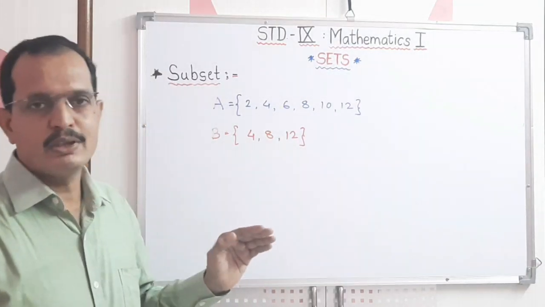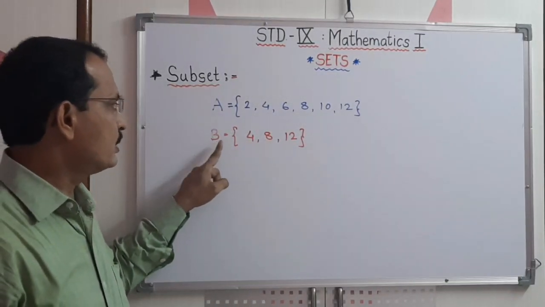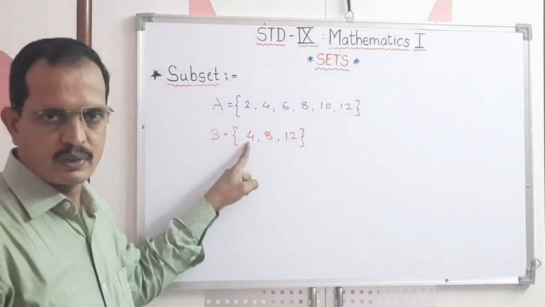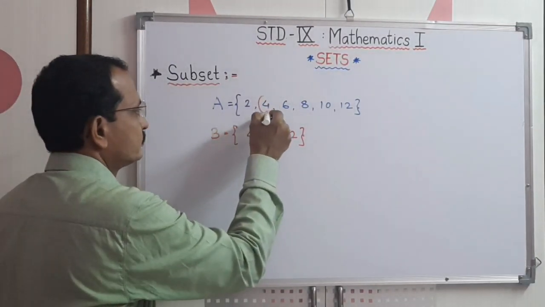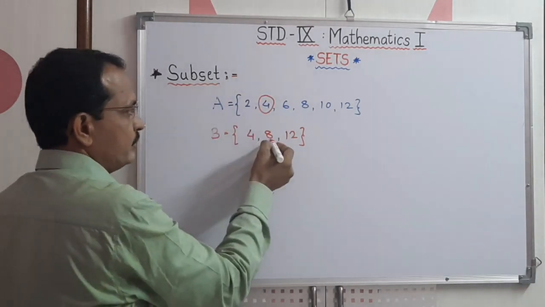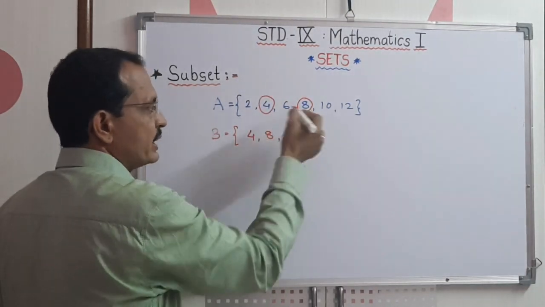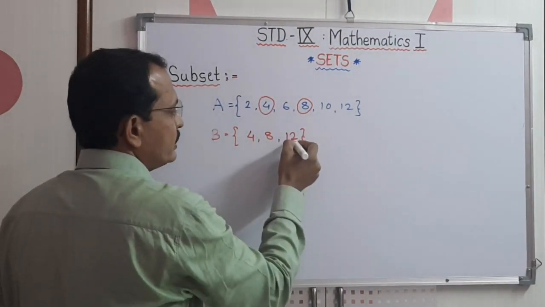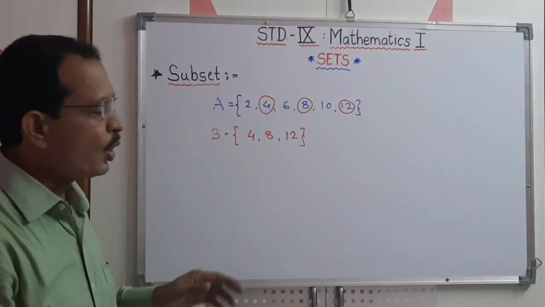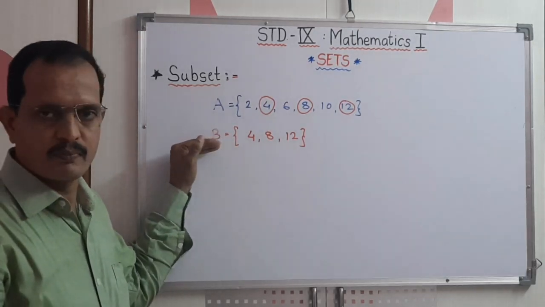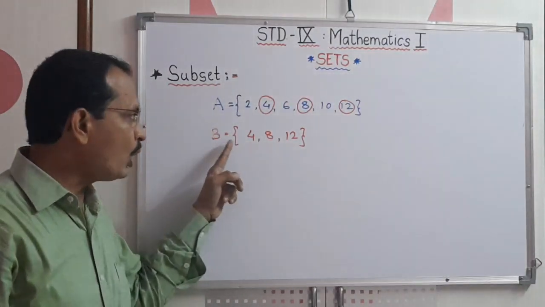Now observe the elements of set B and set A. In set B, the first element is 4. This 4 is present in set A. This 8 is also present in set A. That means 8 belongs to set A. In the same way, this 12 also belongs to set A. That means all the elements of set B are present in set A. Remember, all the elements.